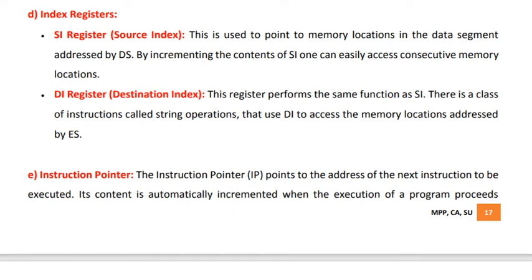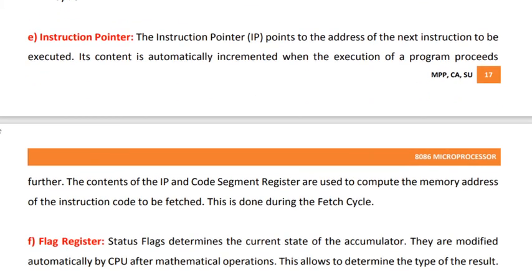Now, the instruction pointer. The instruction pointer is a 16-bit pointer that holds the address of the next instruction that is to be executed. The content of the instruction pointer is automatically incremented as the execution of a program proceeds further.